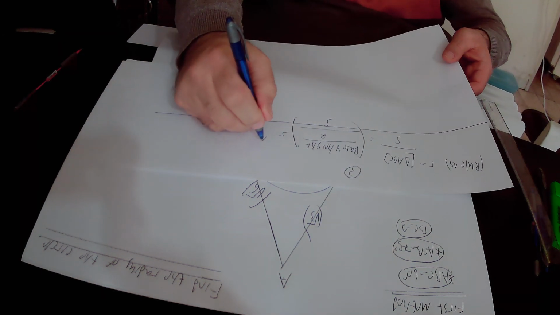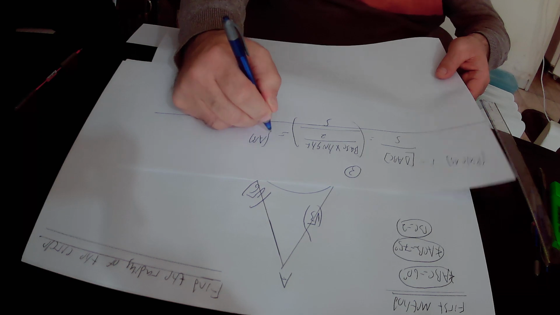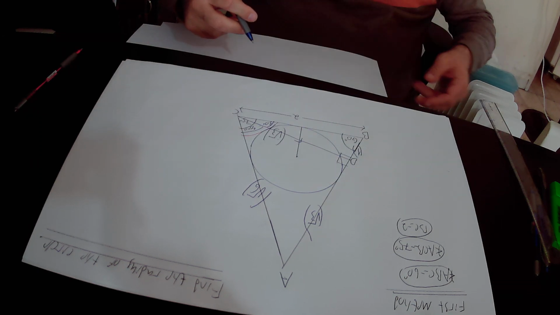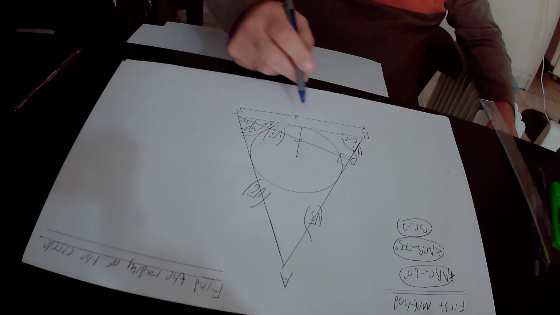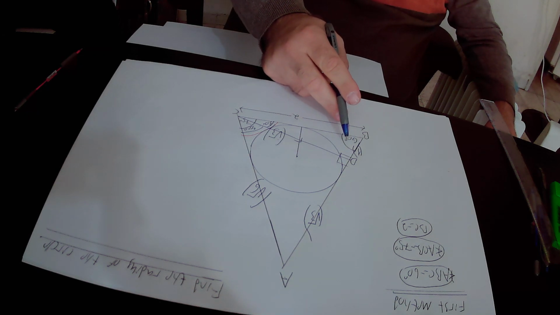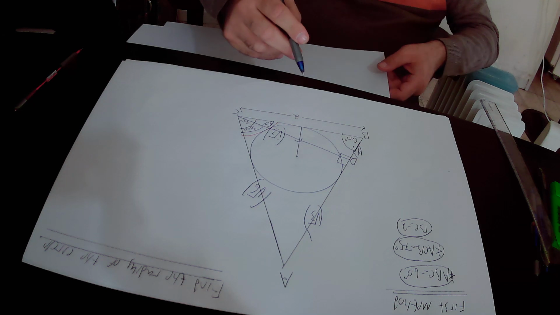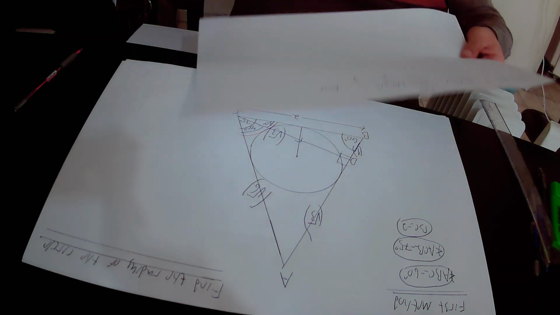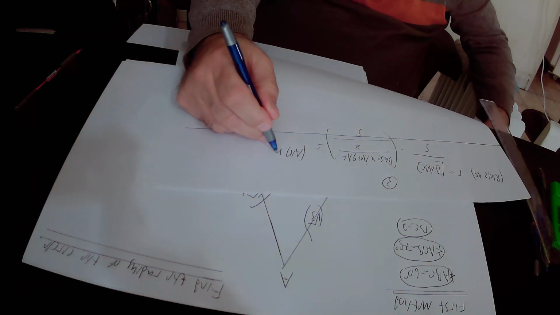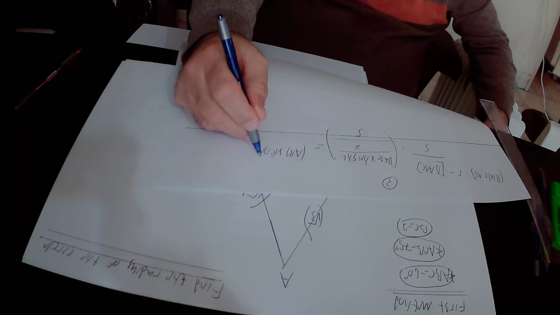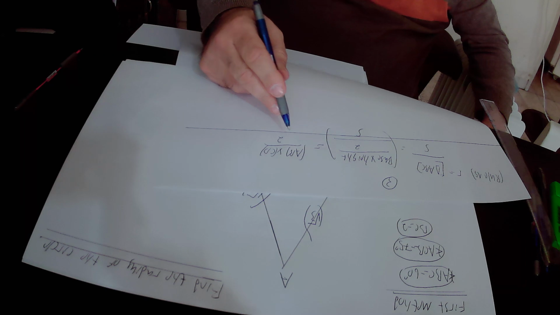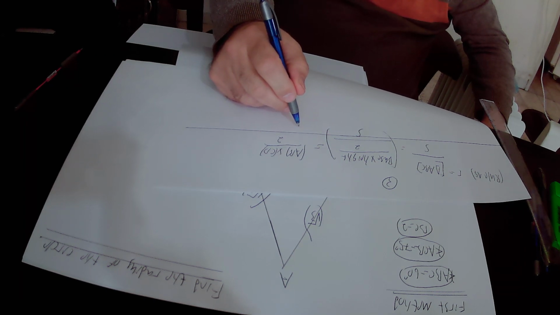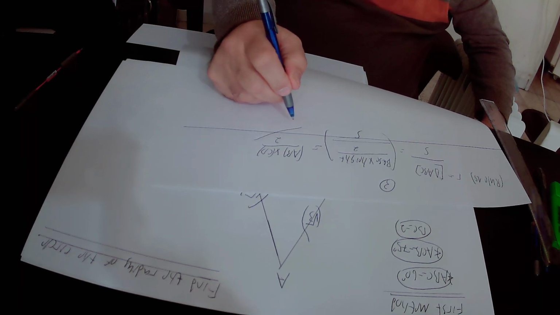The base is AB, and therefore the height to the base is CD. Why? Because CD creates 90 degrees with the base AB. So the height is CD, divided by 2. This expression is the area of triangle ABC, and we have to divide the area of triangle ABC by S.